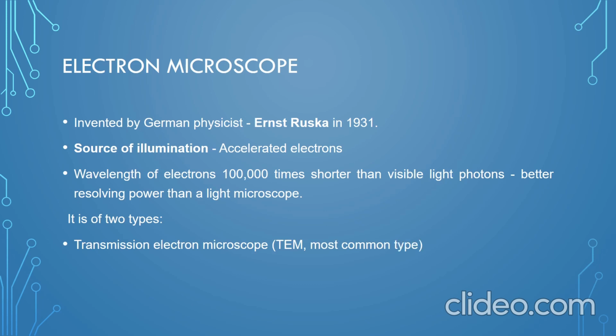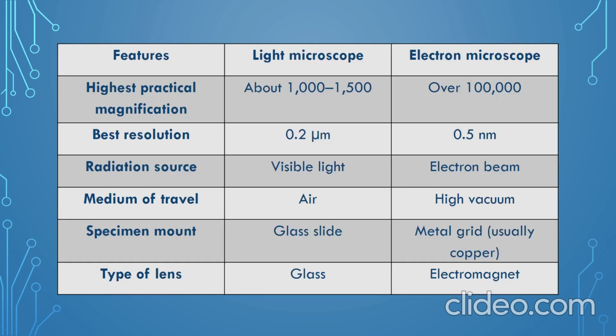It is of two types: the transmission electron microscope, shortly called TEM, and the scanning electron microscope, shortly called SEM. And we have the feature differences between light microscope and electron microscope.